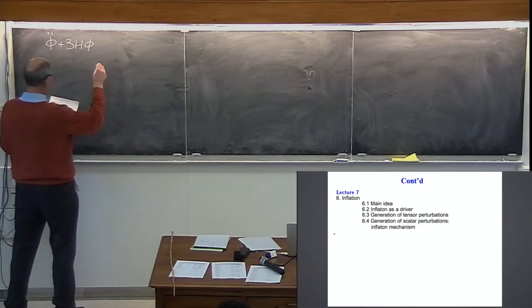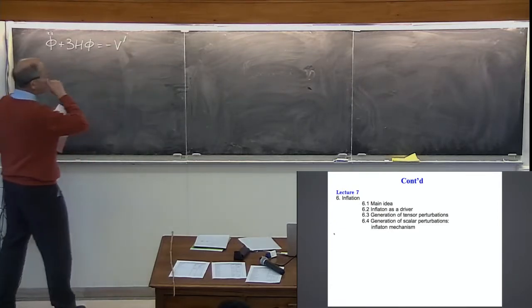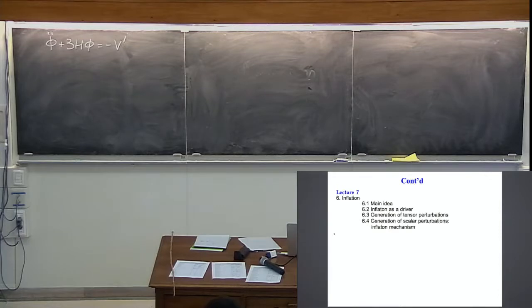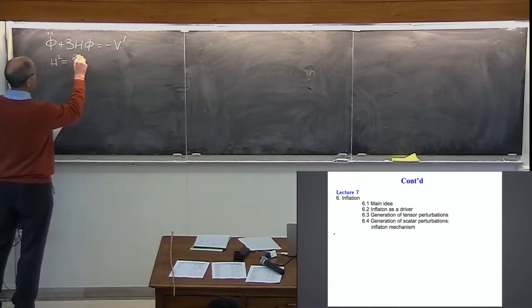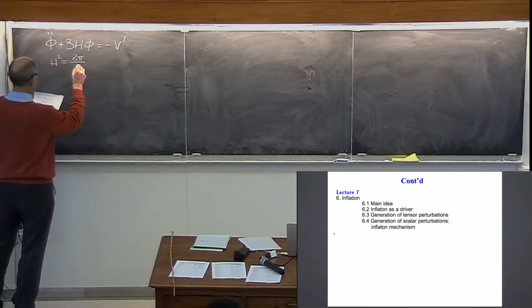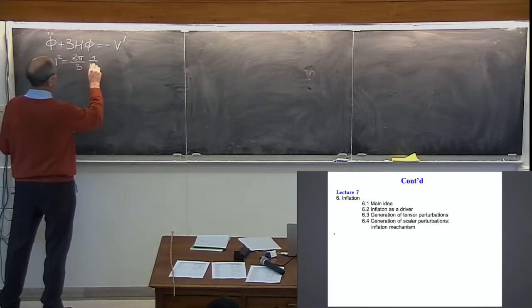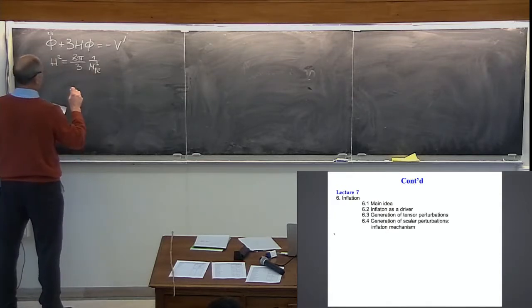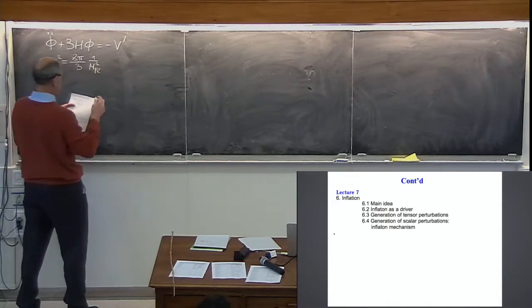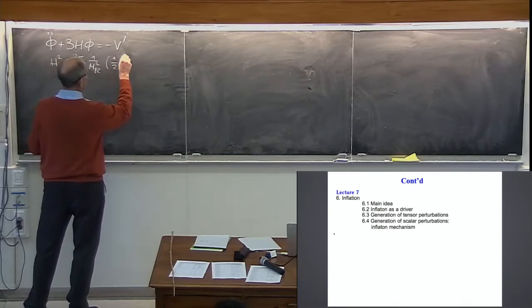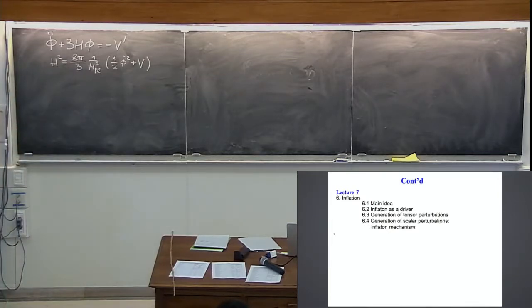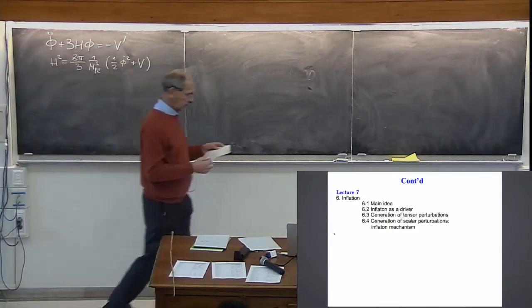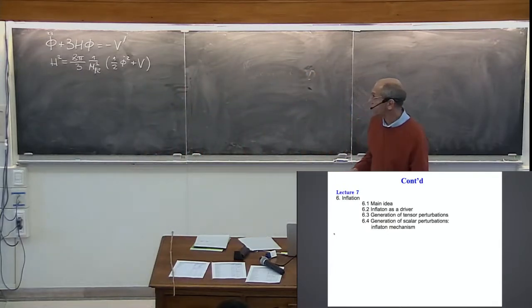So that's its equation of motion, minus V prime, where prime denotes the derivative with respect to the field, V is the scalar potential, and another equation is that H squared is 8 pi over 3, this is our Hubble, Friedmann equation, 1 over m Planck squared, where m Planck squared is 1 over G, times the energy density for a homogeneous field, phi dot squared plus V. Okay, those are the field equations for a homogeneous scalar field, which completely dominates the expansion of the universe.